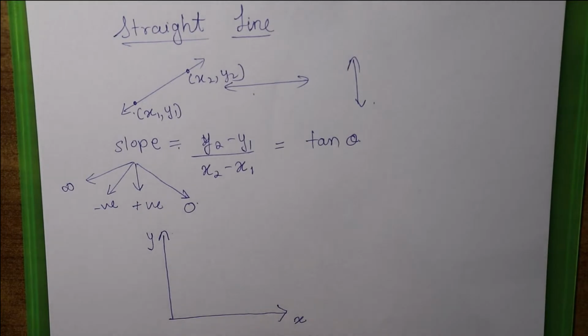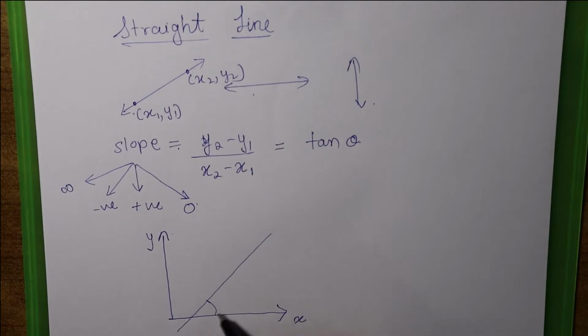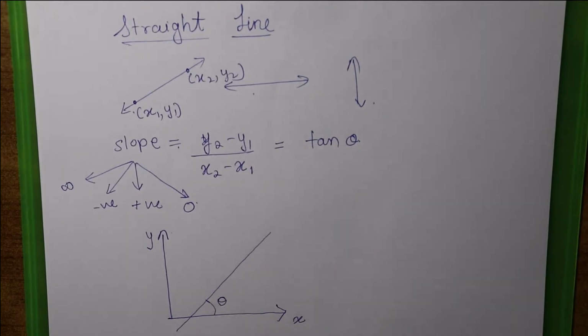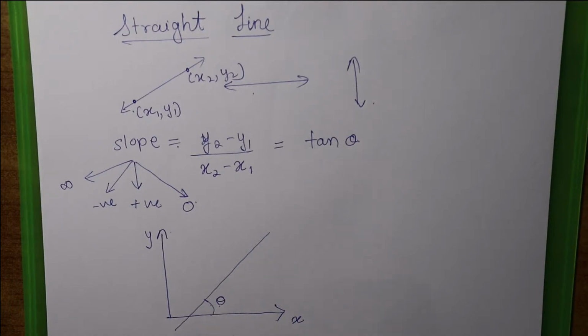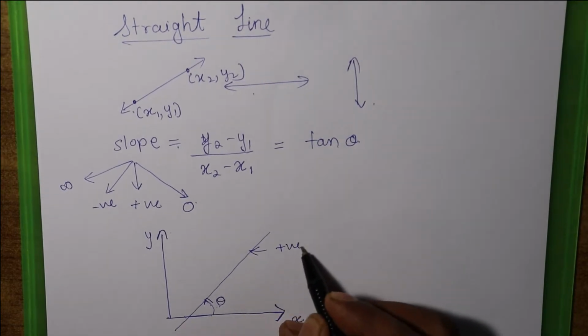Suppose a line is like this, and here the angle is theta. I'll make a presumption or a trick to remember this: if the angle made with respect to horizontal, or with the x-axis, is acute, that is less than 90 degree, then it has a positive slope.